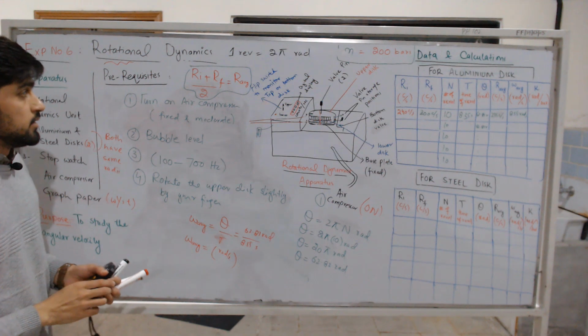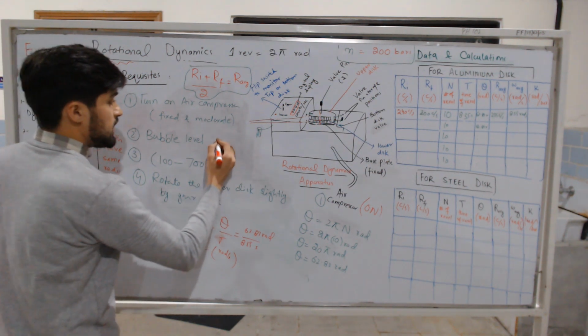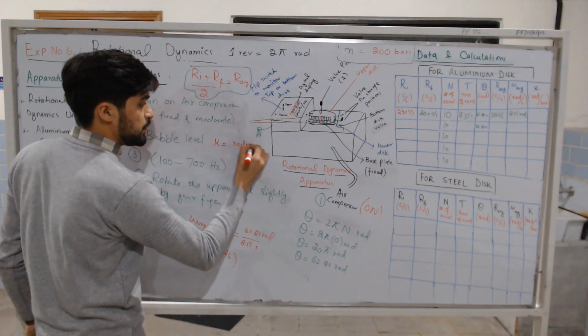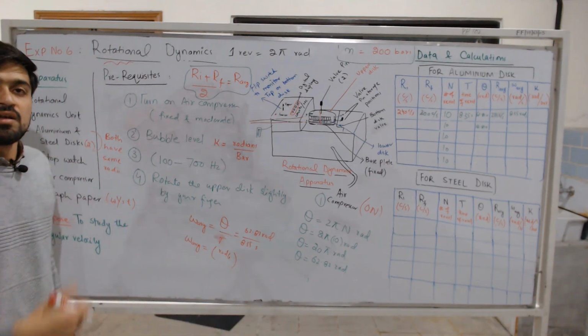Keep in mind that K is a constant, and K is telling us the radians per bar. How many radians per bar are there?